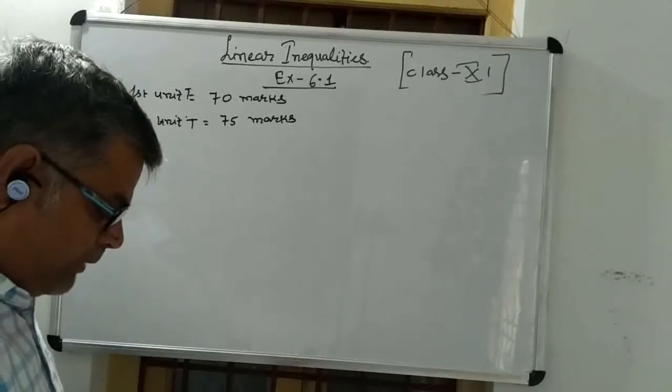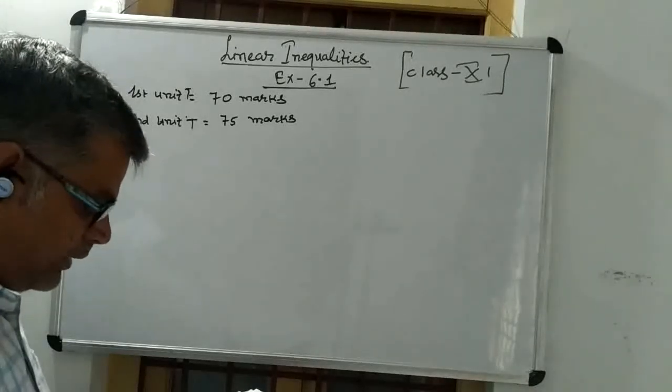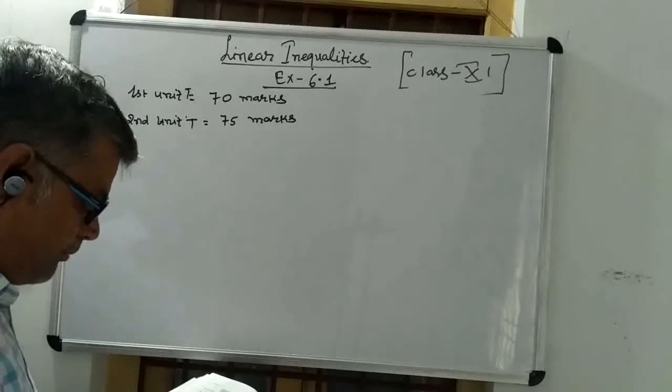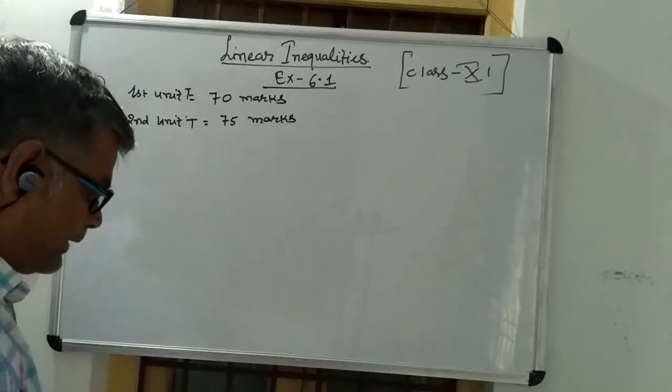Find the minimum marks he should get in the third test to have an average of at least 60 marks. It means Ravi obtained 70 marks in the first unit test and 75 marks in the second unit test.